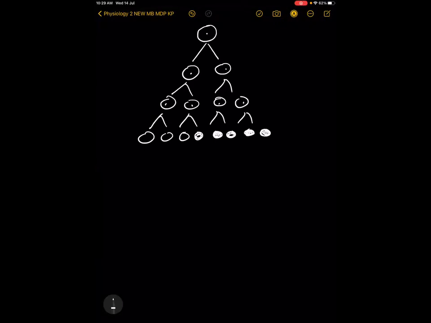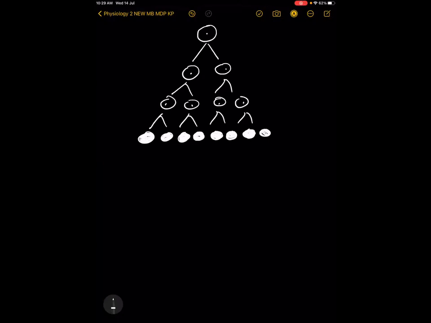Means they do not divide now. They are in a particular size and shape, and they are ready to perform a particular, specific function.